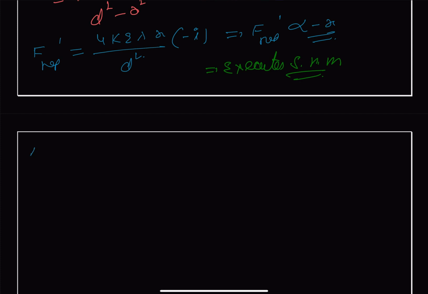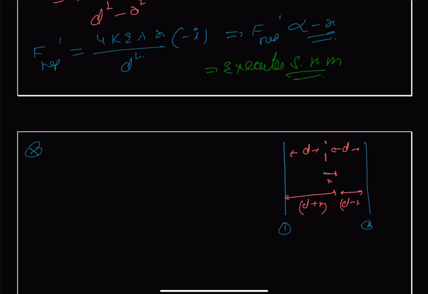Similarly, this is our line 1 and line 2, and this is the distance D as well as distance D. Suppose it is moved through a distance of x once again. So from here the distance becomes D plus x, and from here the distance becomes D minus x.